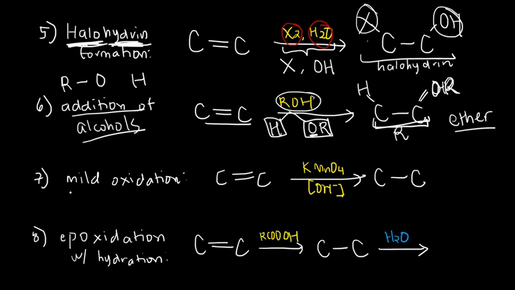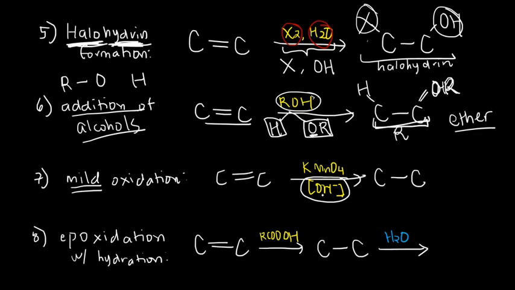Next, we have something called mild oxidation. Take note that in this case, if I say mild oxidation, we will use potassium permanganate, but in basic medium. To denote that we have basic medium or alkaline medium, we usually write OH minus, because from your Gen Chem knowledge, you should already know that bases, based on one of the definitions that we use, donate OH groups.